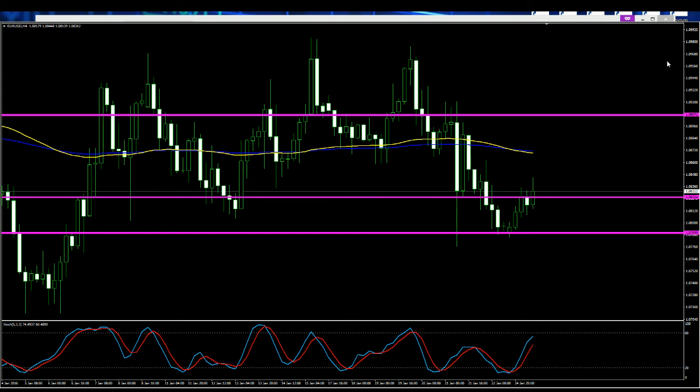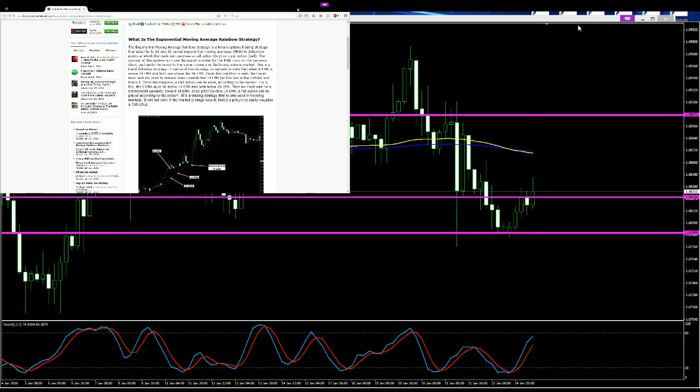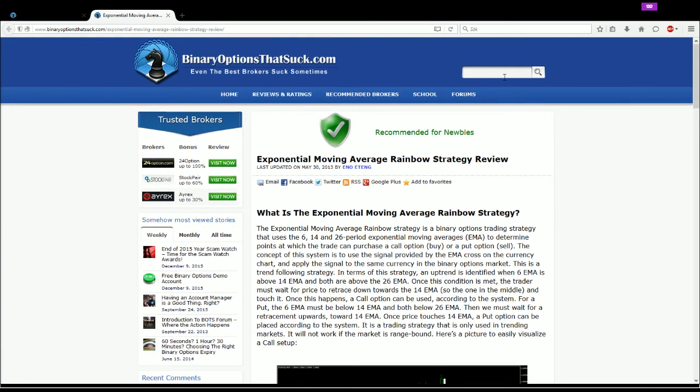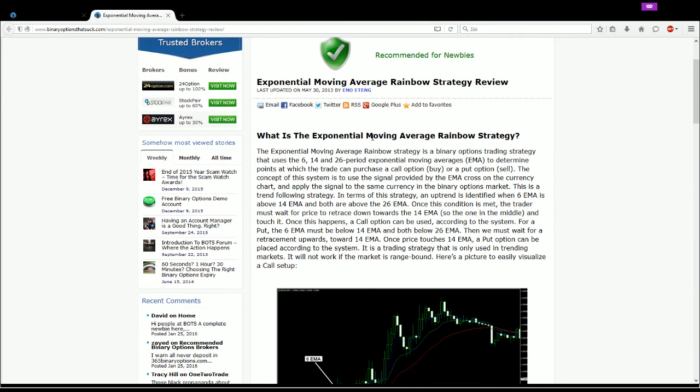Sure. Let me show you here, for example, this article. Okay, here's an article on bots. I just searched in the search box. I typed moving average, and this is something I found. It's about the exponential moving average.